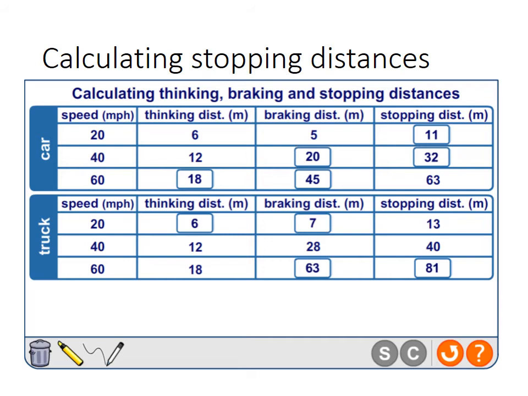Your other option is I will share this PowerPoint with you as well, and so you could actually have a go at this physically as well on your own laptop by downloading this and showing my homework. So thinking distance first of all, that's our first set of relationships that we want to think about. And then we've got to think about braking distance and then think about stopping distance. So pause the video now and put these numbers at the bottom in the empty boxes.